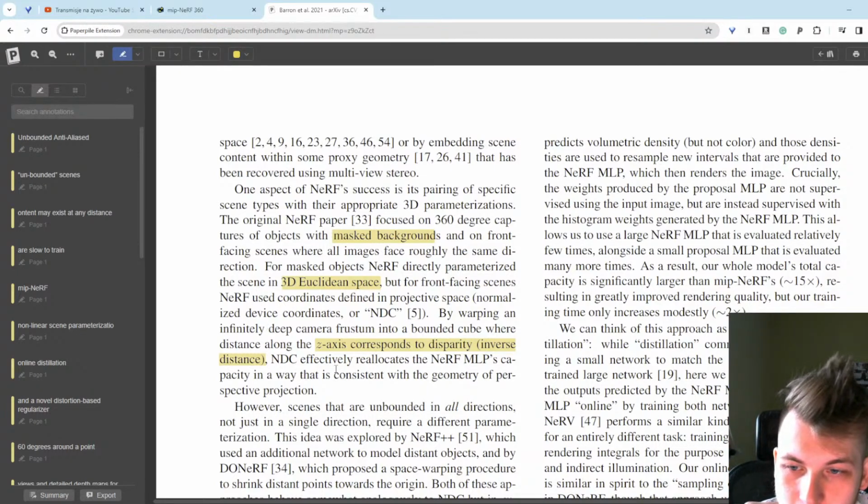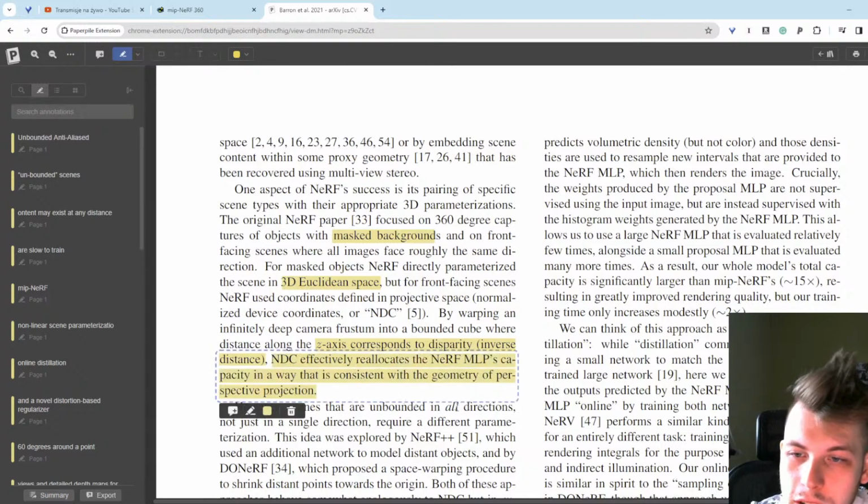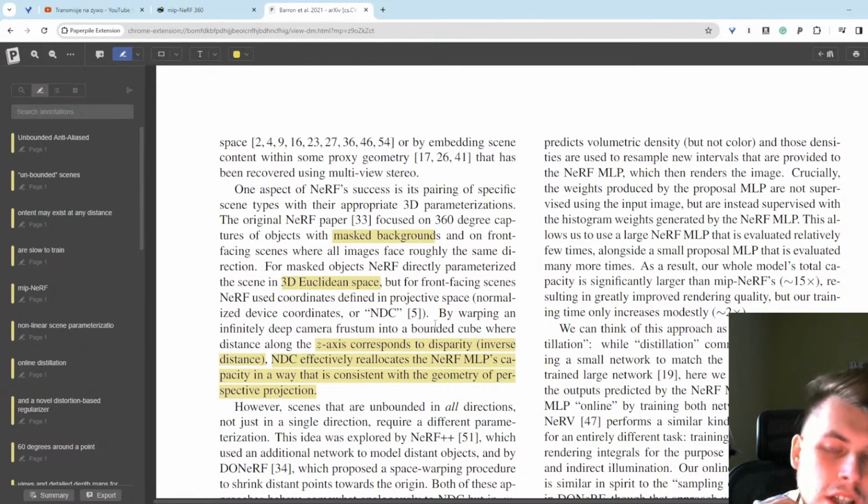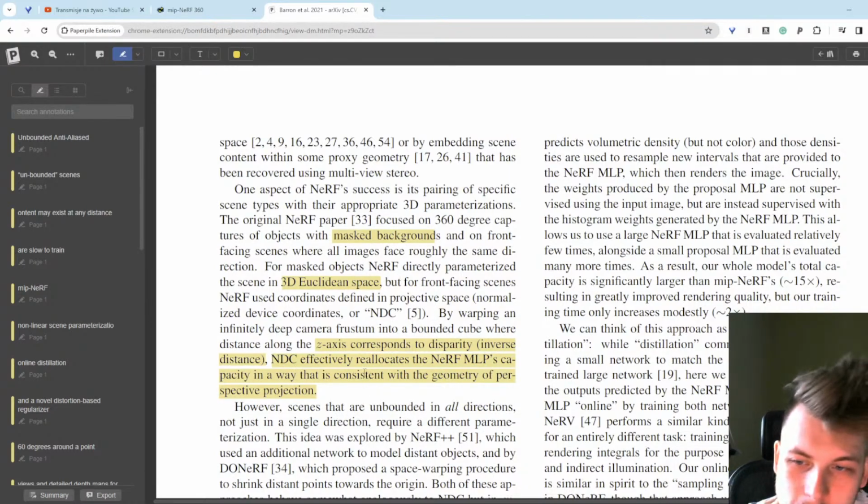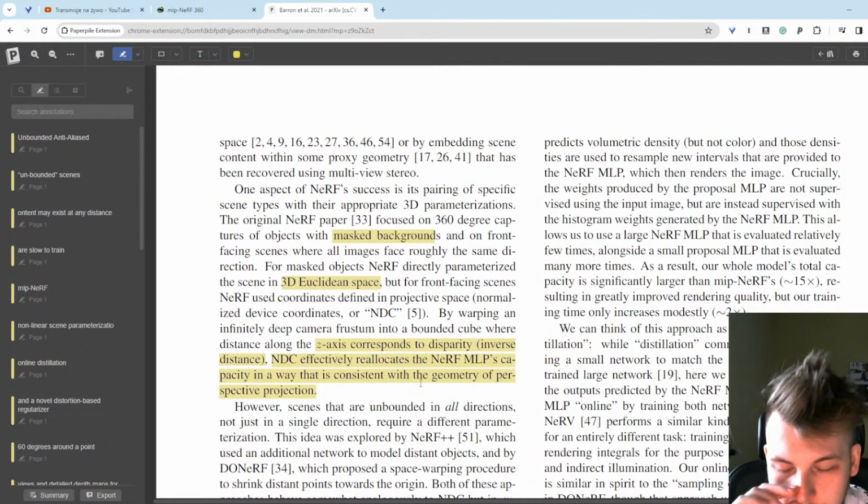So this NDC effectively reallocates the NeRF MLP's capacity in a way that is consistent with the geometry of perspective projection. Okay, so because the embedding of the input to the network is reparameterized, this will effectively force the network to learn in the way we want.